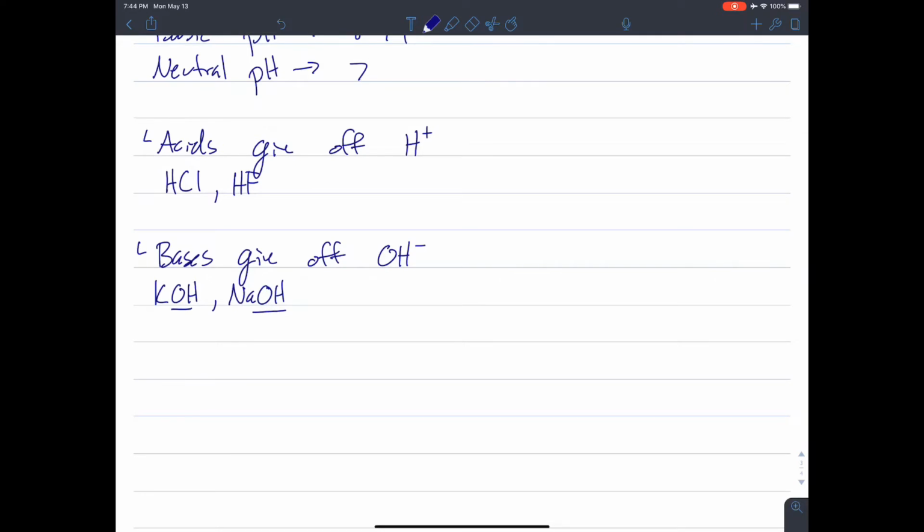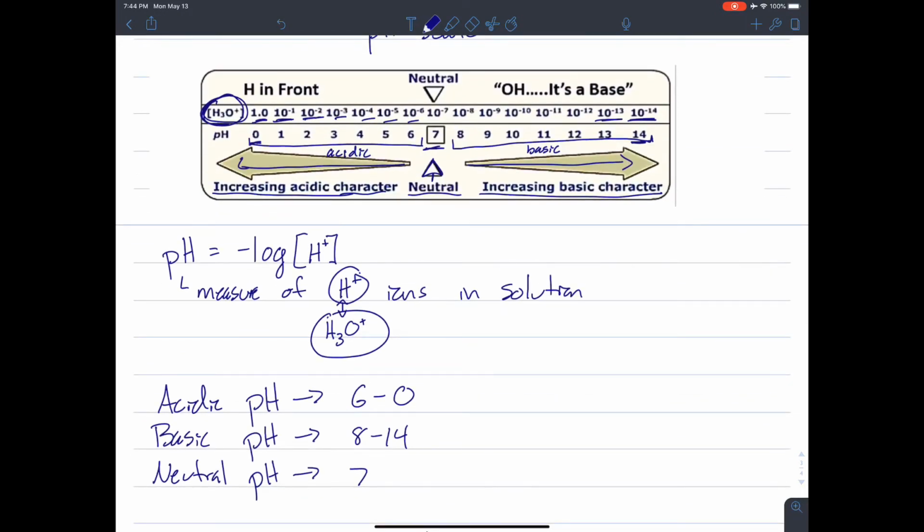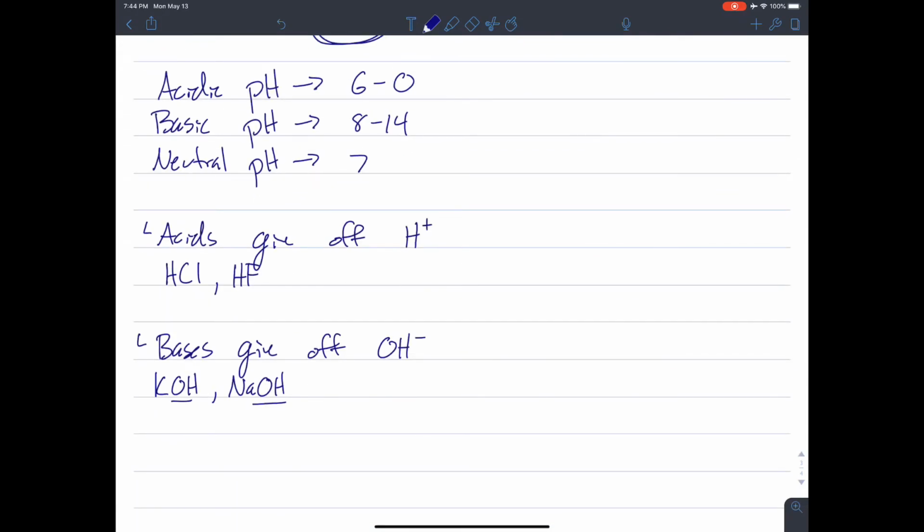Now, the reason that H plus and H3O plus are interchangeable is because, well, what's going to happen if you take an acid and you put it in an aqueous solution? So if we take HCl and we add it to water, this is going to make chlorine and H3O.